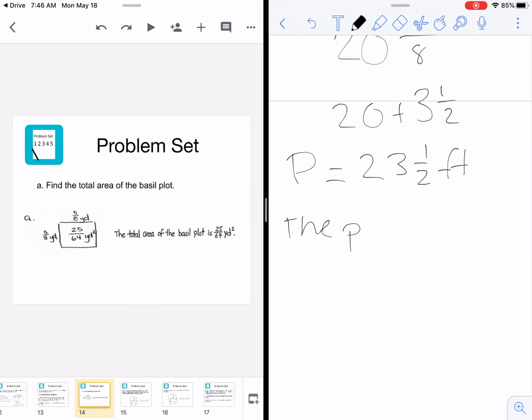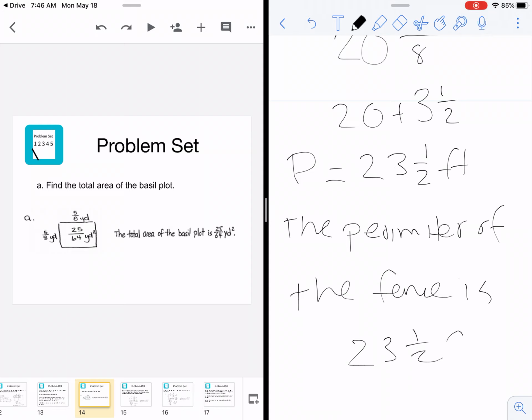The perimeter of the fence is 23 and 1/2 feet. That is a lot of work that we had to do for just one problem, you guys.